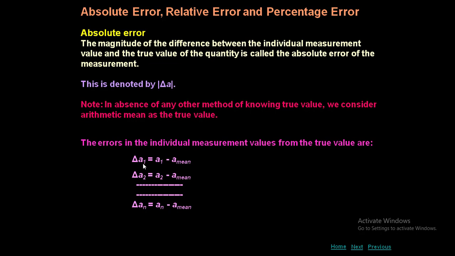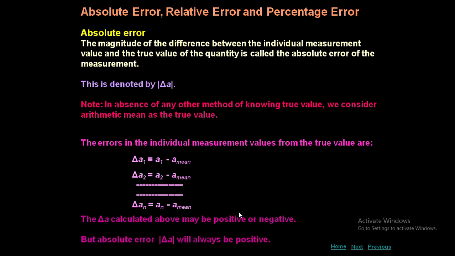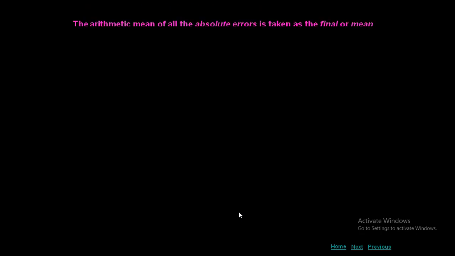So you can get the absolute error with respect to all values. As you have taken n values, you are going to calculate n absolute errors. The delta A calculated above may be positive or negative, but absolute error is always positive. That's the reason we keep the modulus.